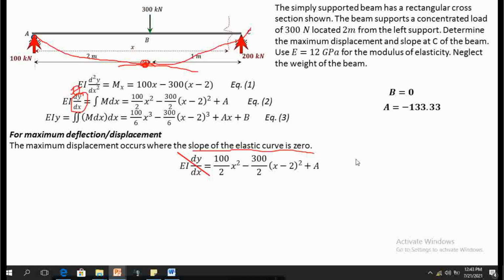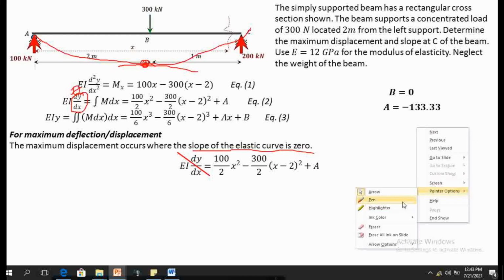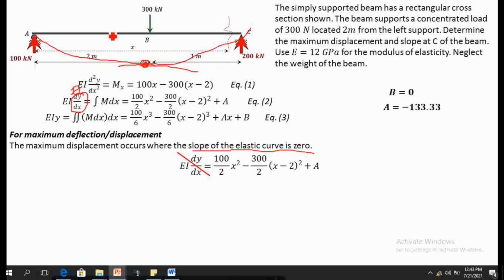But, before I'm going to solve for the value of x, let's take a look at this one. Kung titignan ko sa diagram, yung aking maximum deflection, nandito siya sa banda dito. So, hindi siya lumagpas kay 2 meters. That is lower than 2 meters.